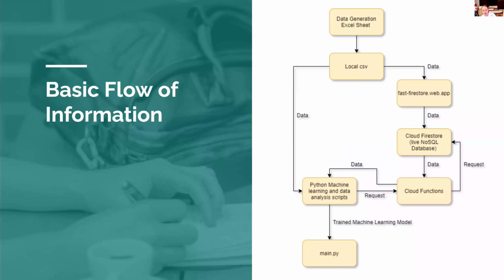Here's the basic flow of information. To start off, I generate a bunch of fake data with Excel, and I export that as a CSV file. I either put the CSV directly into my Python machine learning pipeline, or I upload it to a NoSQL database with a website I have previously made.